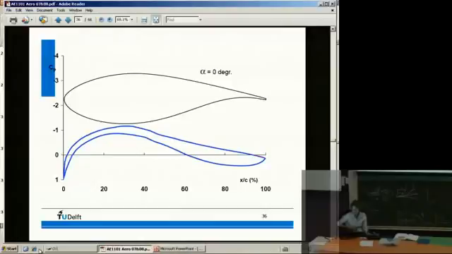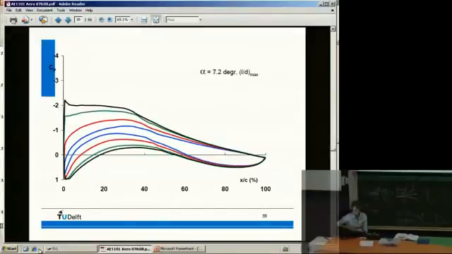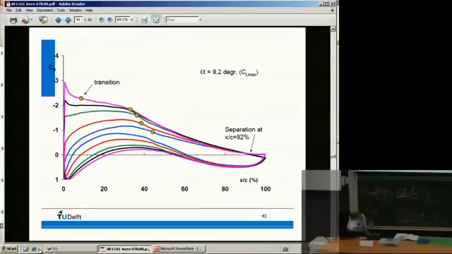And now we increase the angle of attack, 2.6, 5.6, 7.2. Where do we have separation? Separation is a horizontal line in the Cp. So here at 9.2 degrees, you see there's a small separated area at the trailing edge.